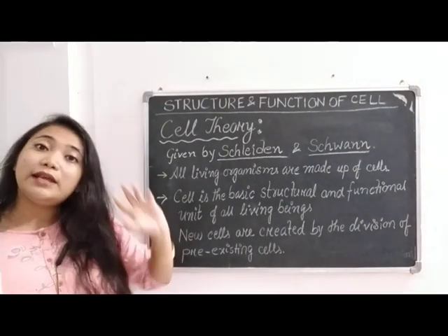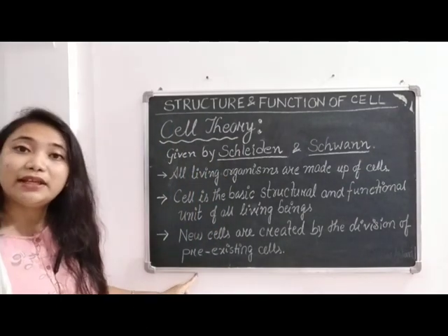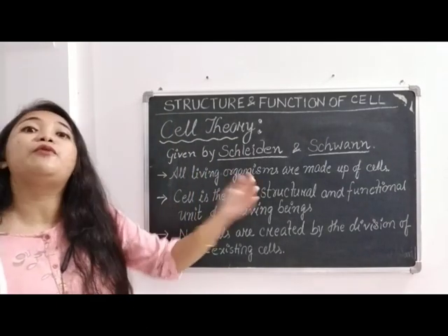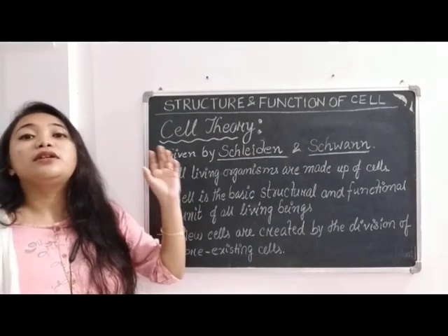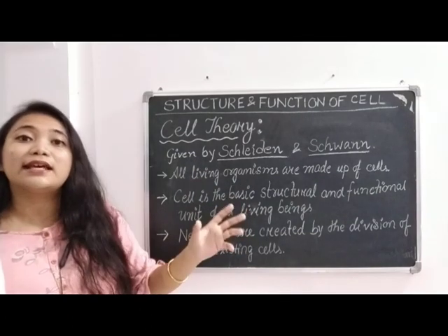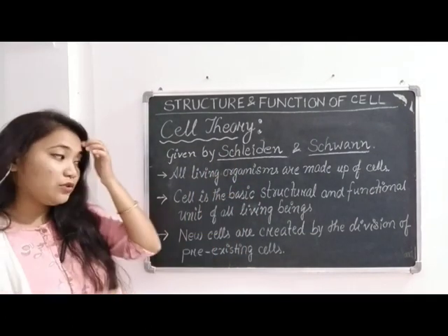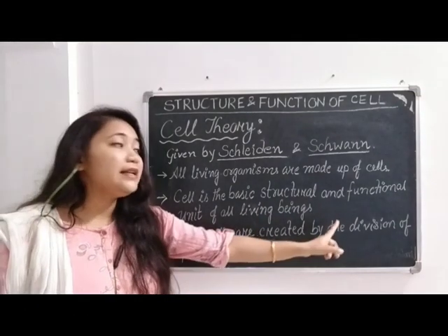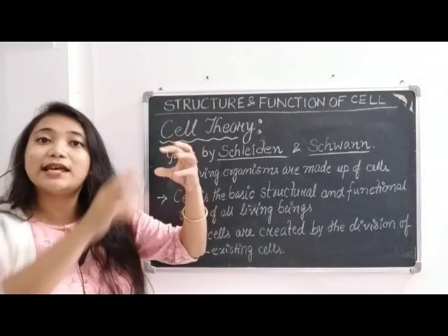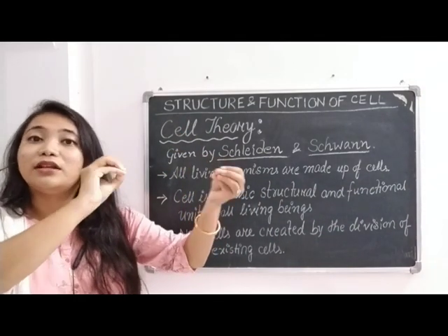There will already be one pre-existing cell. Pre-existing means something that is already present. So any cell will divide to give new cells. That is what it means, that new cells are created by division. Suppose this was a cell, it divided to form a new cell.